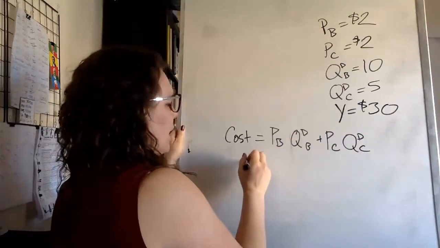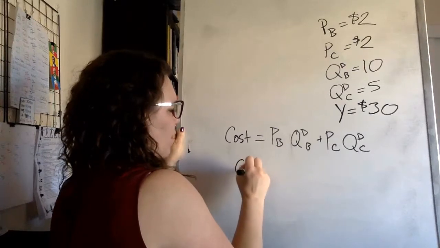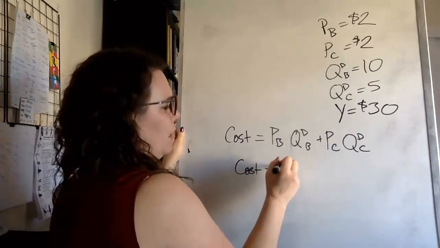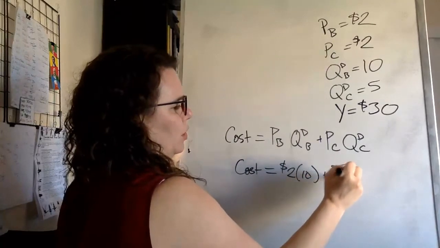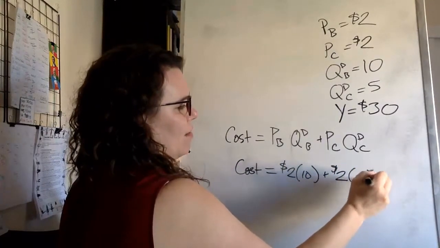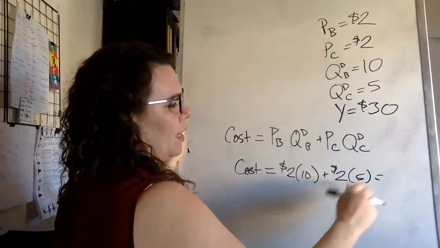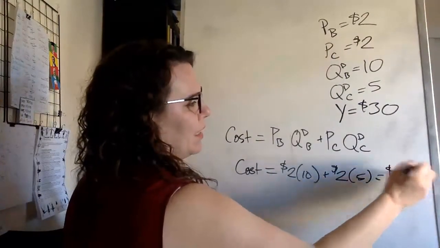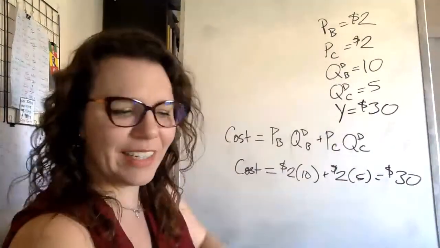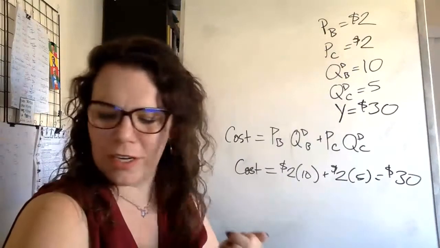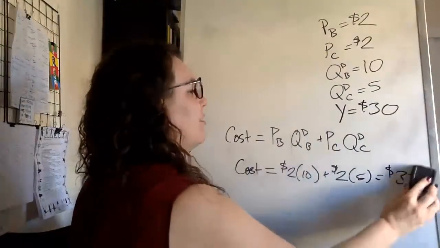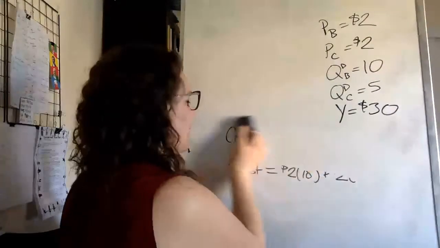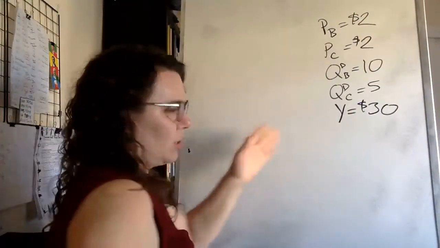So what we're really looking at is that we have a basket, the cost of a basket in the first period, which is $2 times 10 plus $2 times 5, which gives us 20 and 10, or a $30 basket, which makes sense because that's what our income is. And of course, our consumer would want to consume every last drop of dollars to buy bread and coffee. So the basket in our current period costs $30.